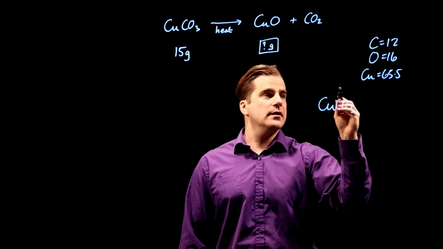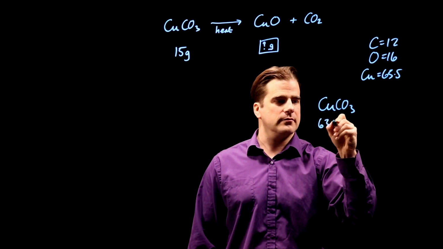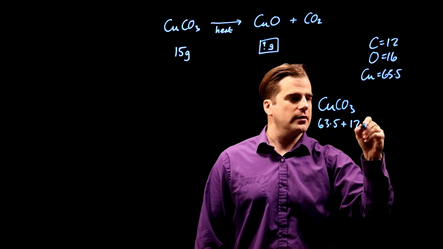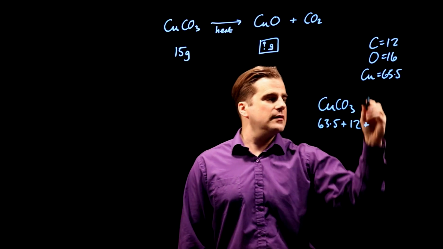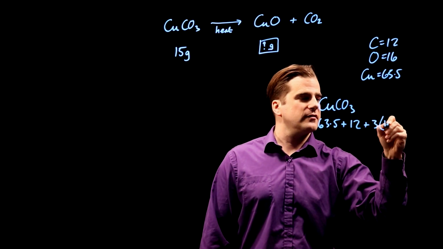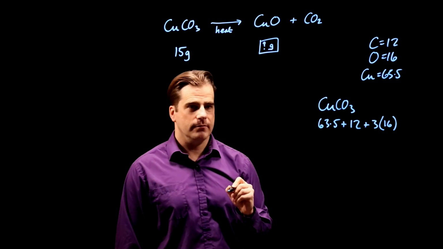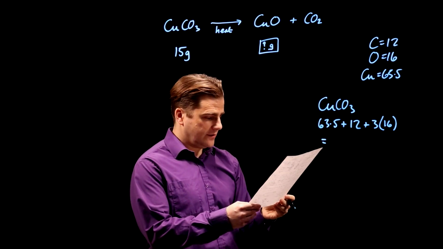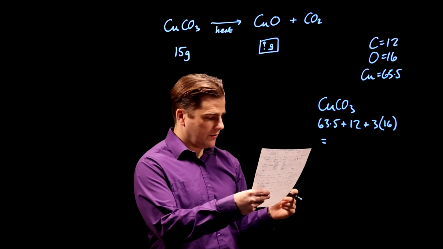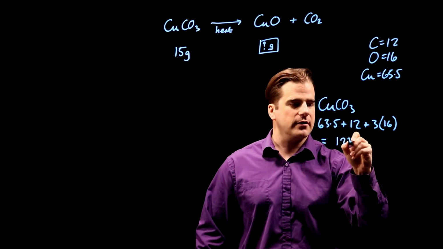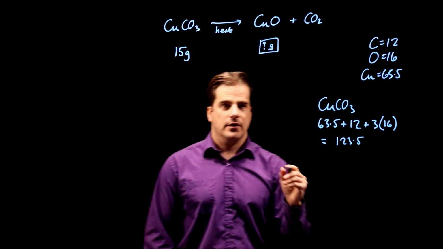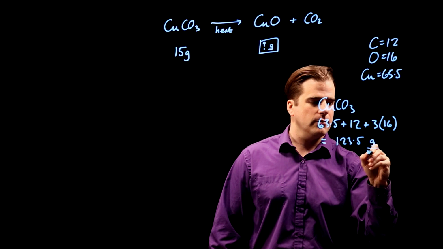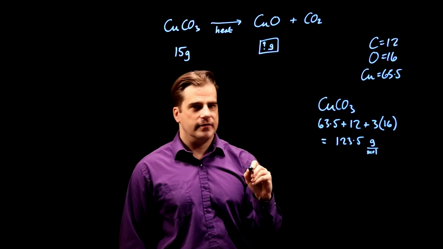So it's copper, 63.5, plus 1 carbon, that's 12, plus 3 oxygens, that's 3 times 16. Okay? Do it in your head if you can, or stick it in a calculator, and that turns out to be 123.5. Now, units is grams per mole, right?